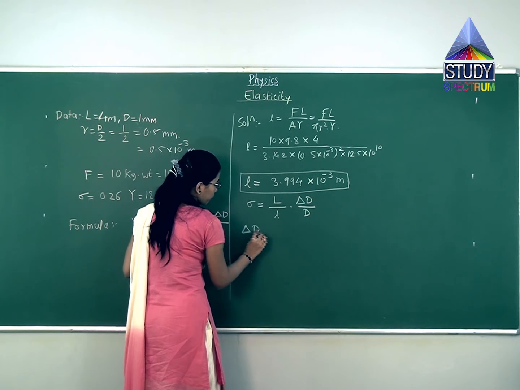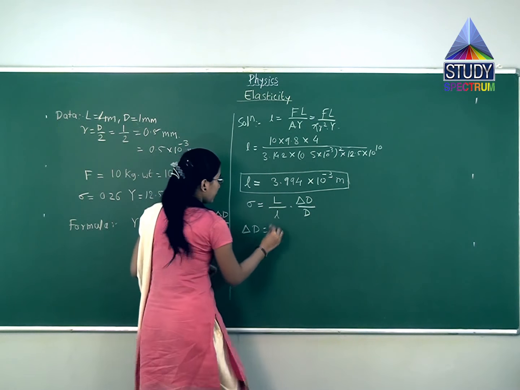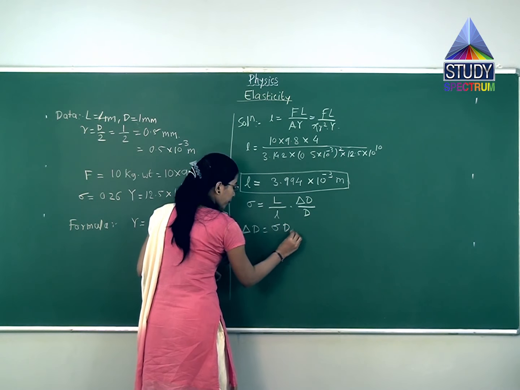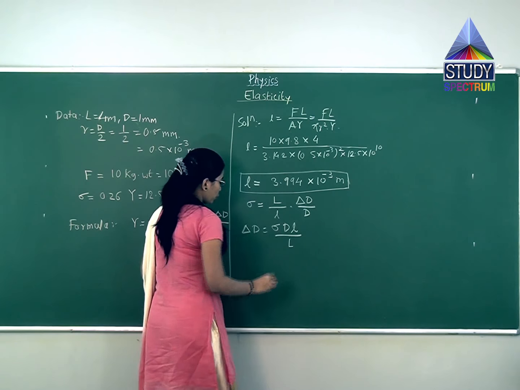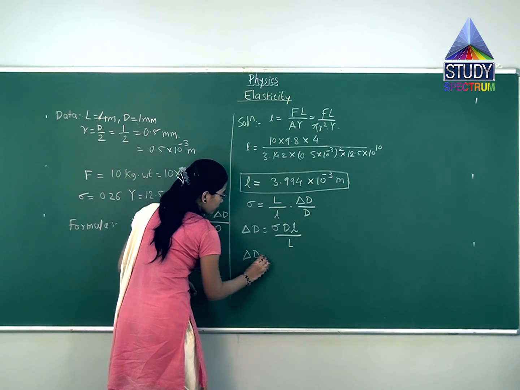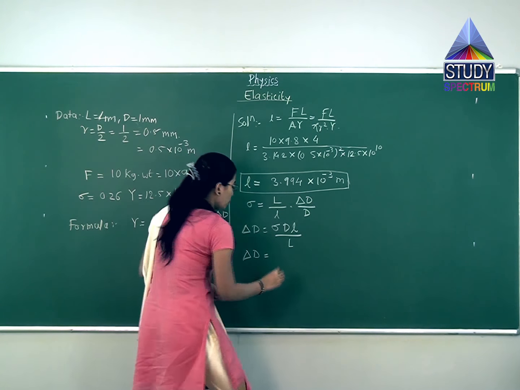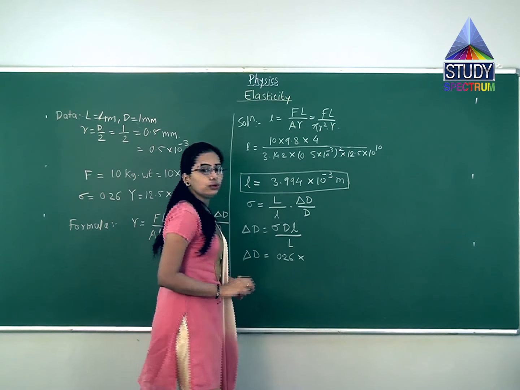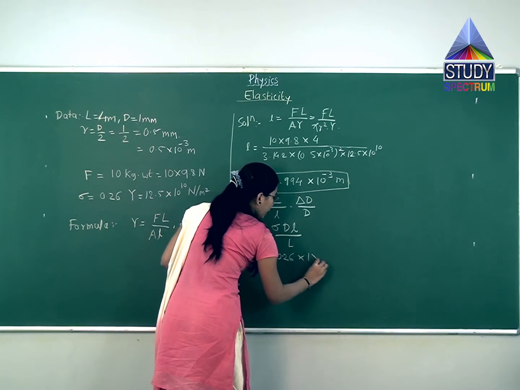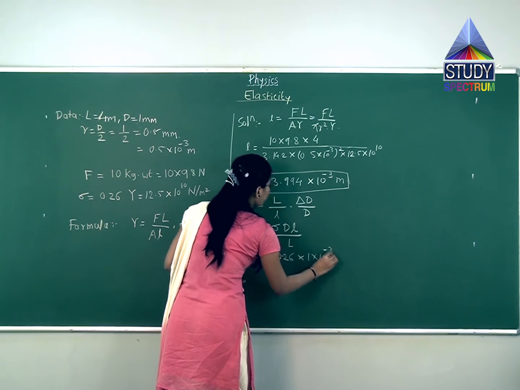So delta D is equal to sigma D into small l upon capital L. So let us substitute the values here. So delta D is equal to 0.26 into capital D is 1 into 10 raised to minus 3.